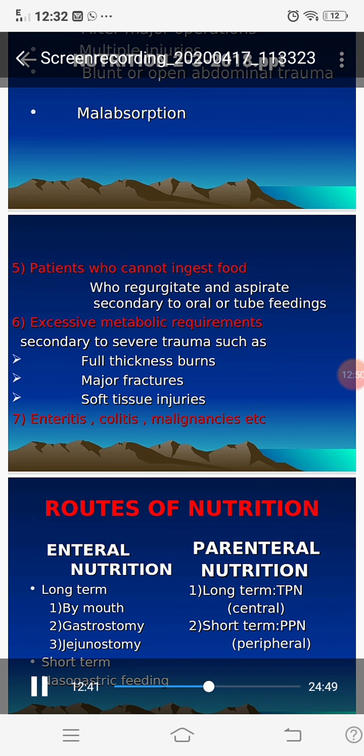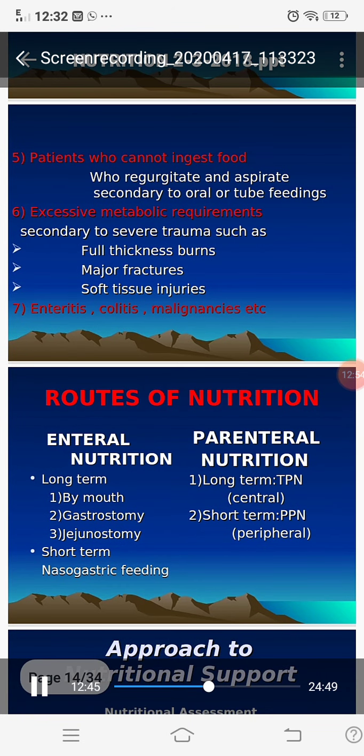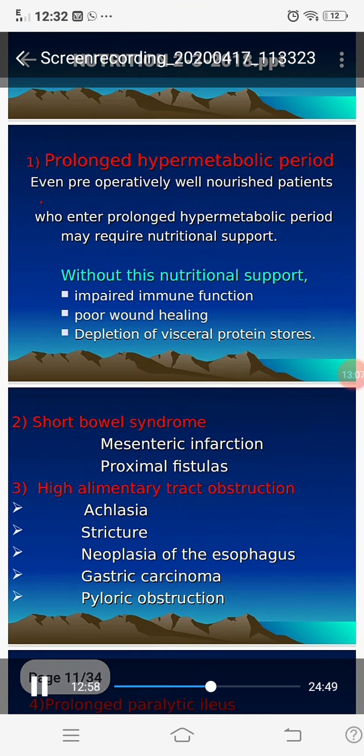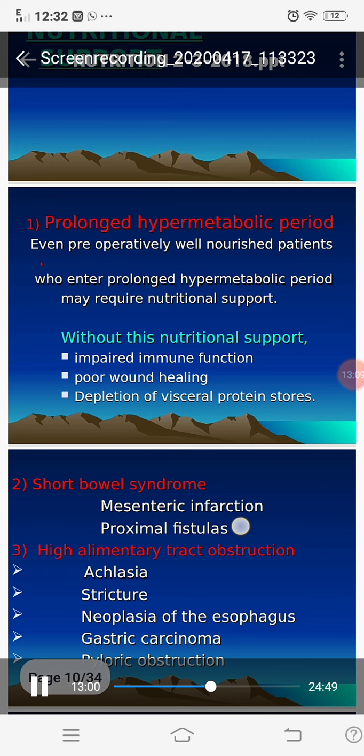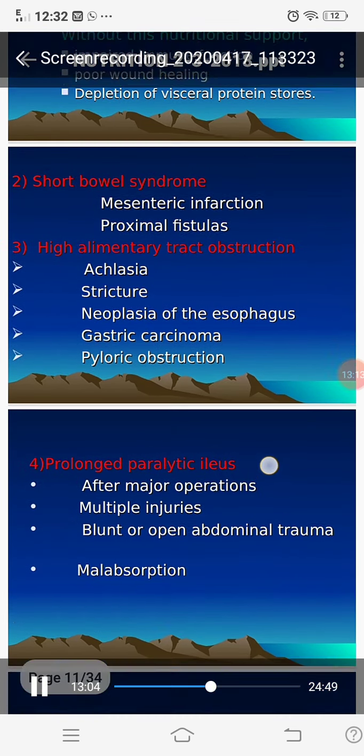So up till now we covered the assessment of the nutrition and indications of the nutrition. As I have already discussed with you the routes of nutrition, there are two different routes, enteral nutrition and parenteral nutrition. Before starting this, some review of the previous slides.